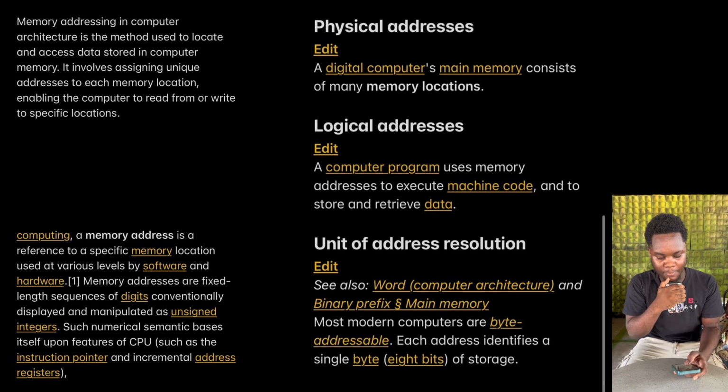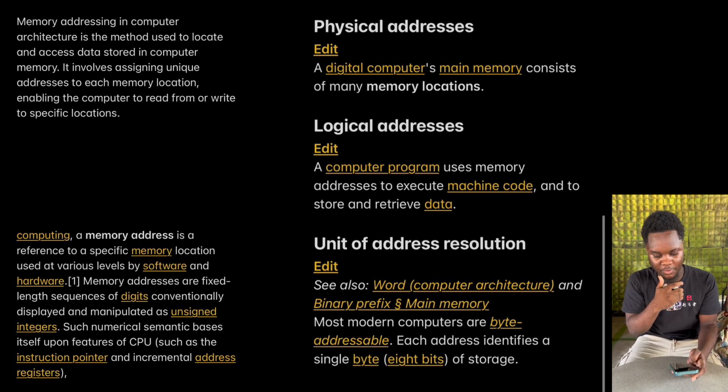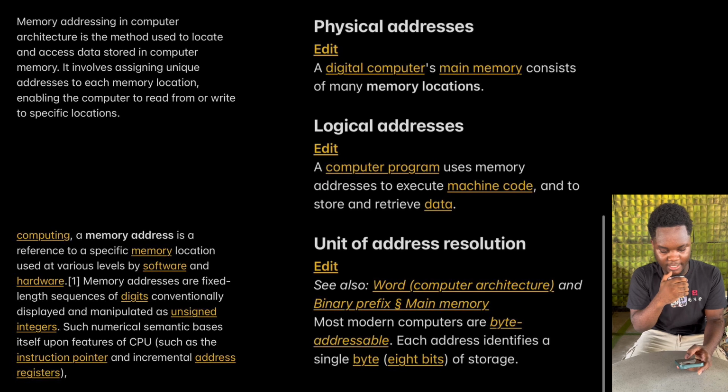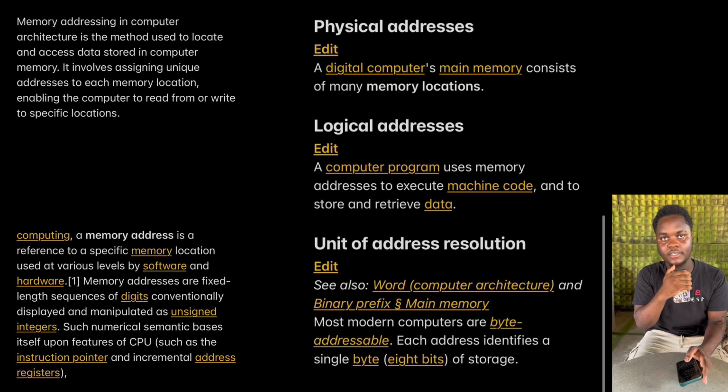A computer program uses memory addresses to execute machine codes and to store and retrieve data. As for the units of address resolution, most modern computers are byte addressable, and each address identifies a single byte of storage. So that's what I have on memory address.